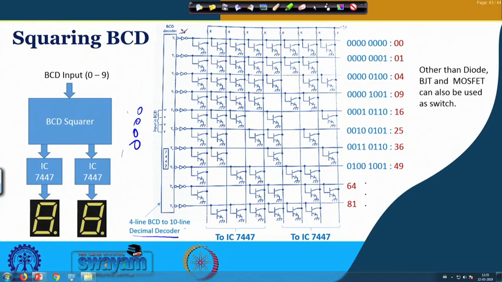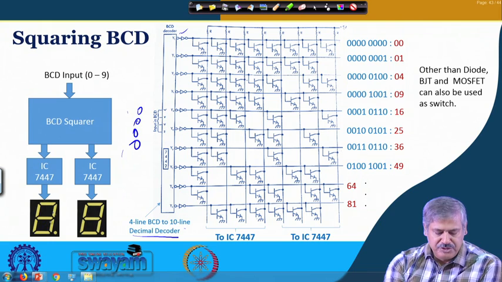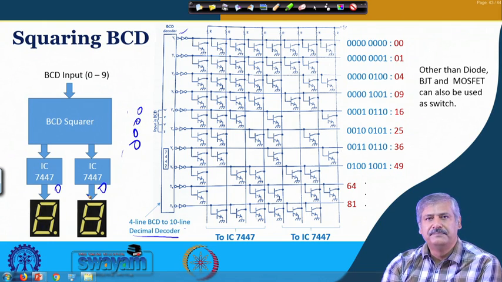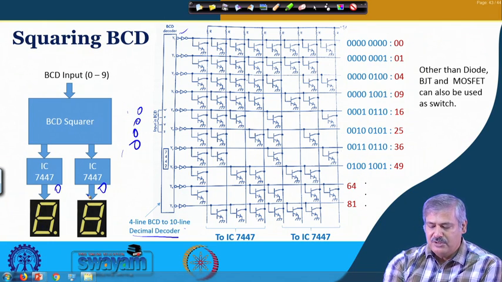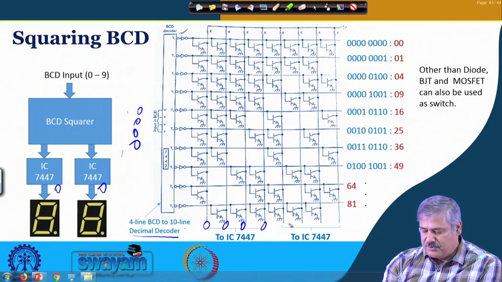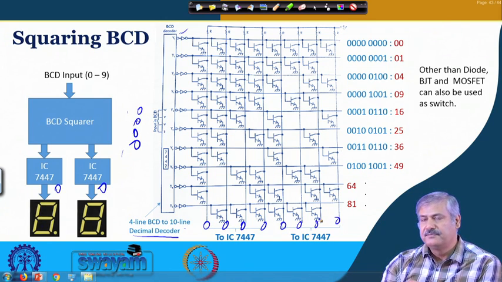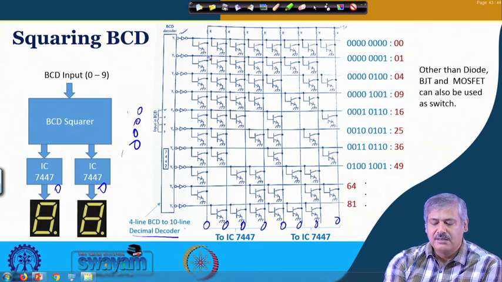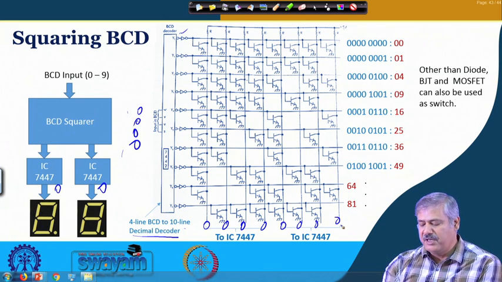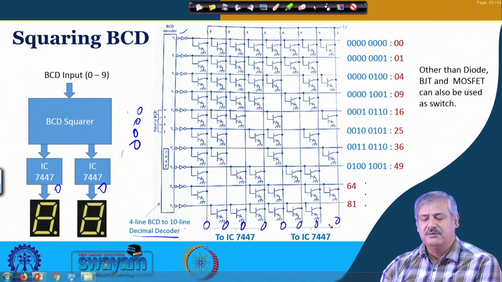This is a 4-line BCD to 10-line decimal decoder, so Y0 gets activated for 0, 0, 0, 0. At that time we want 0 at both outputs, so this 4-bit should be 0, 0, 0, 0 and this 4-bit should be 0, 0, 0, 0. Accordingly, all the transistors need to be present, because absence of a transistor will make a logic high, one value present here. Clear?